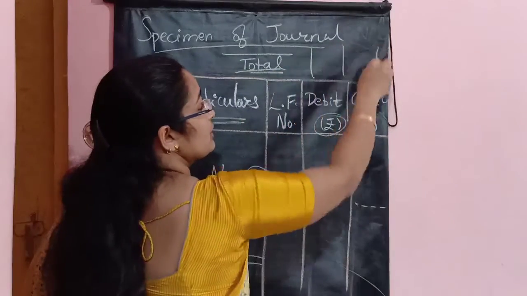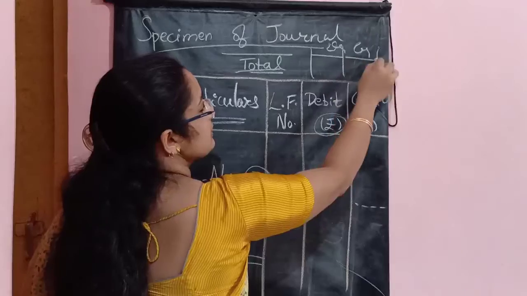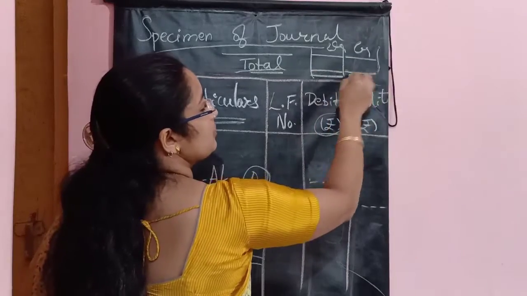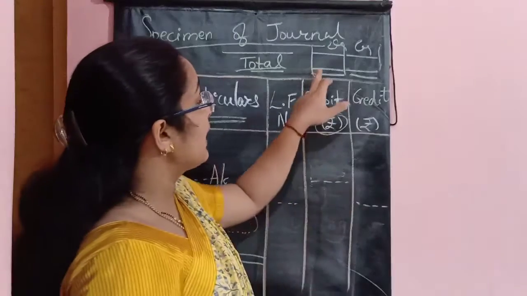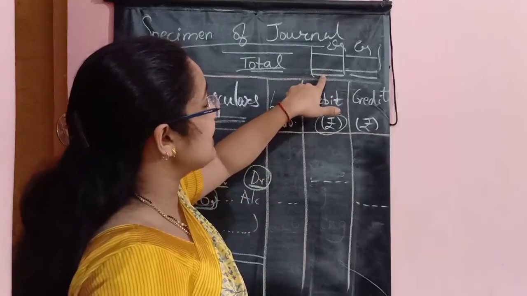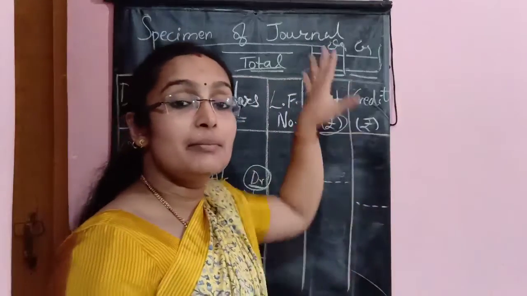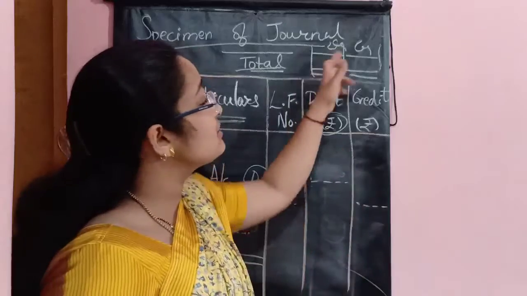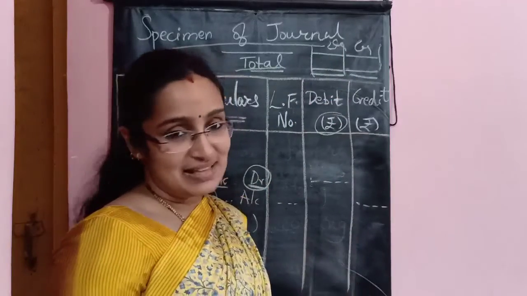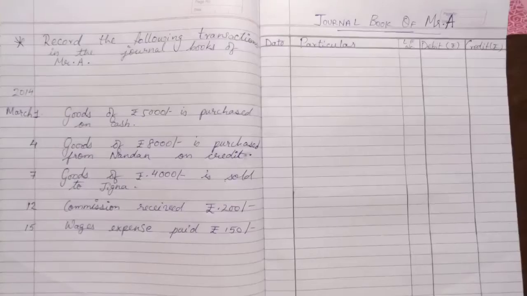Same will come for the debit and the credit side. Here single line, double line below. So the total of both debit and credit side should be equal, and the symbol of these 2 lines after the amount shows that the period for which the journal was written is complete, and this is the total of the balances. Now let's move on forward.